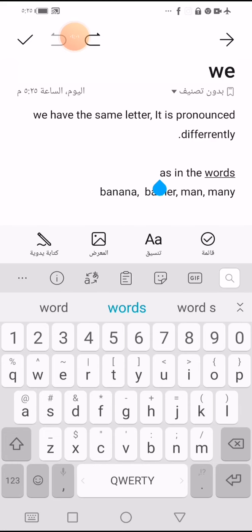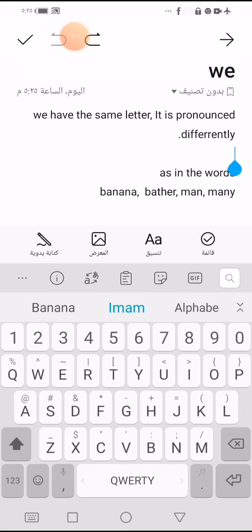In these words, we have an opposite situation of the situation that we have in the third suffering.